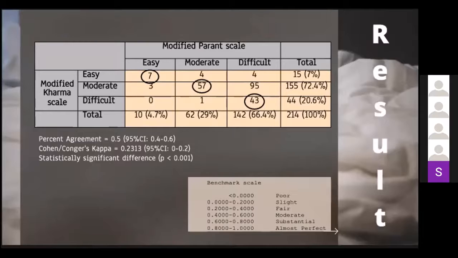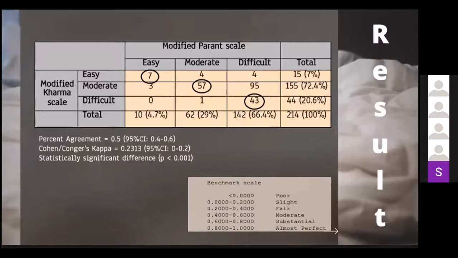Only 50% were concordant between the preoperative modified Parant scale and the postoperative modified Parant scale. Furthermore, Cohen's kappa statistic was calculated, considering the benchmark scale as a reference, and found that Cohen's kappa equals 0.2313 and p-value less than 0.001.